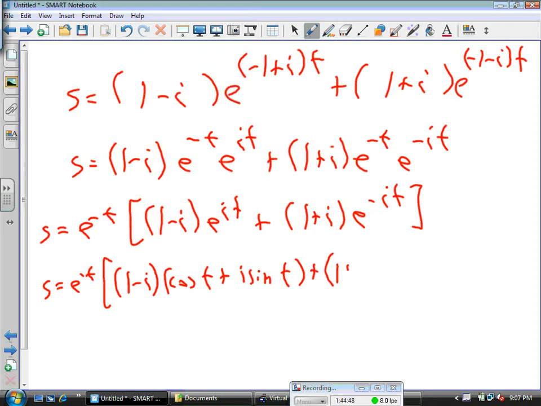And e to the negative it is cis theta with a negative theta. Okay, the sines and the cosines popped up, but the i's are still there. What was my promise? The i's are going to cancel.